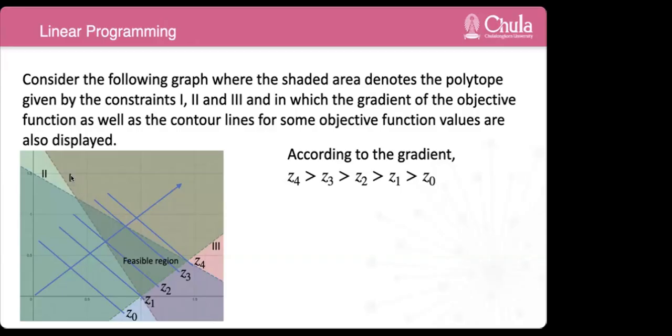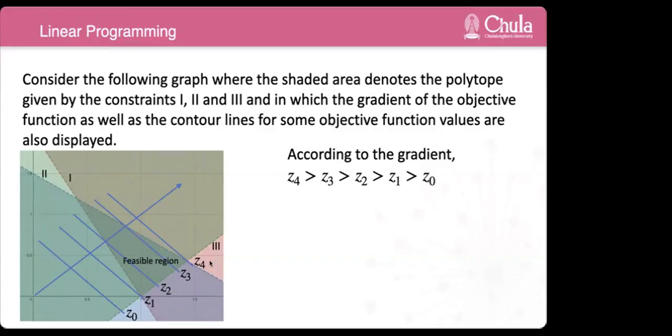Let's say we have three inequality constraints like this. The first constraint defines this area, any point on the right hand side of this line. We also have this inequality constraint, the left hand side of this dashed line.